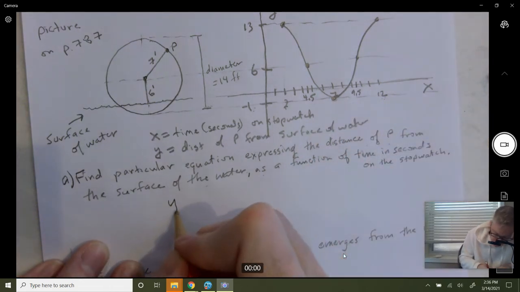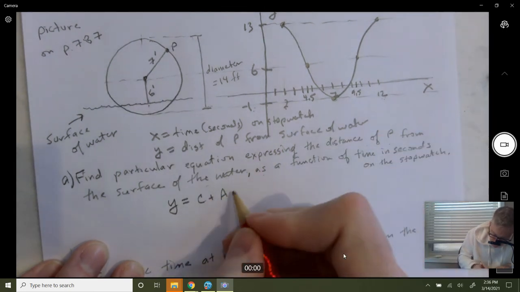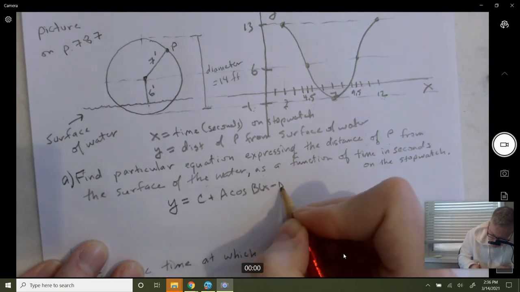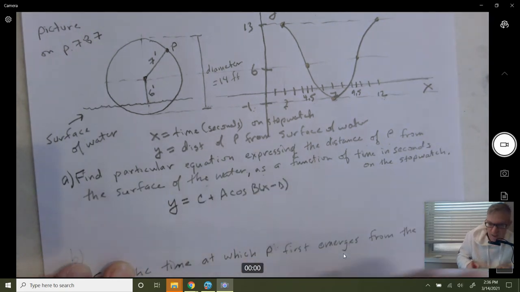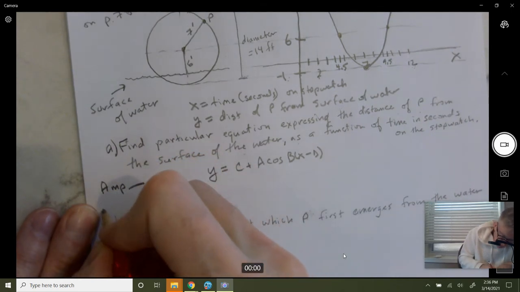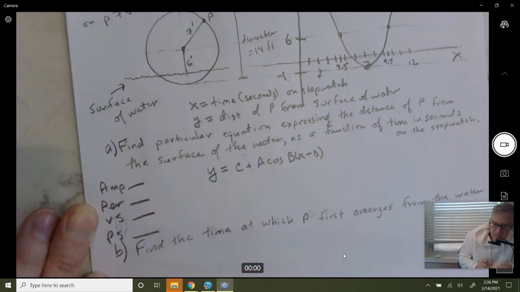Okay, so our equation, which we know is y equals c plus a, if we do a cosine, that's going to be cosine b times x minus d. If you want, you can write out these 4 things: the amplitude, the period, the vertical shift, and the phase shift.